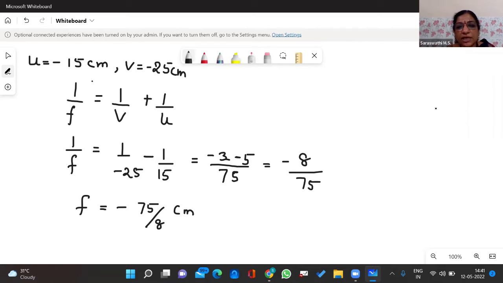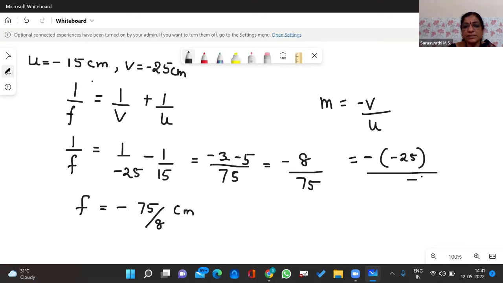Then you are asked to find the nature also. So m is equal to minus v by u. Let us substitute here: minus of minus 25 by minus 15. So you get the answer to be minus 1 point something.